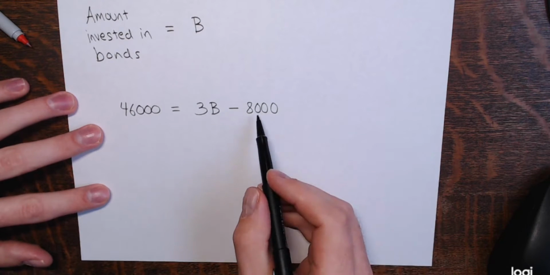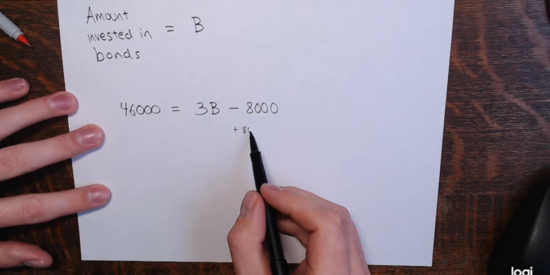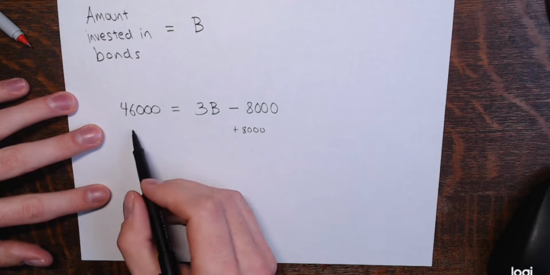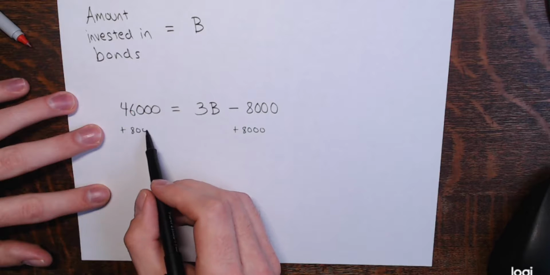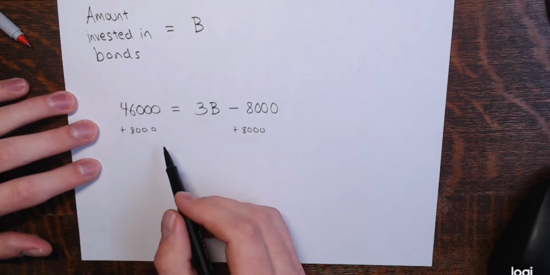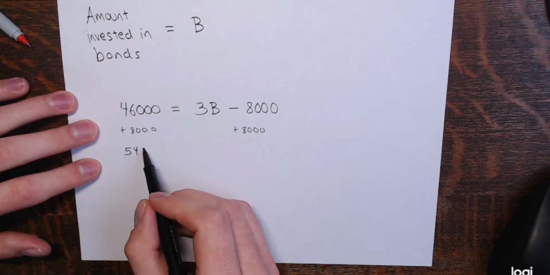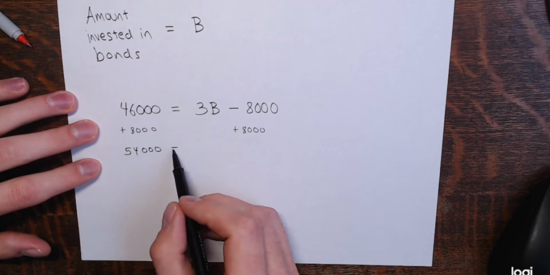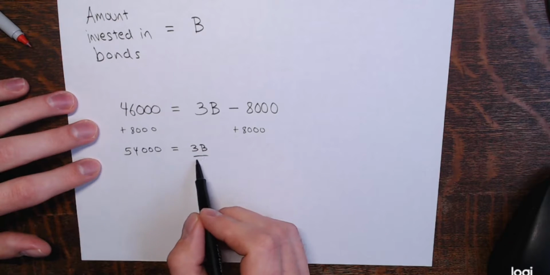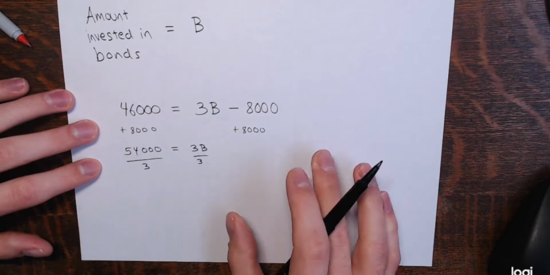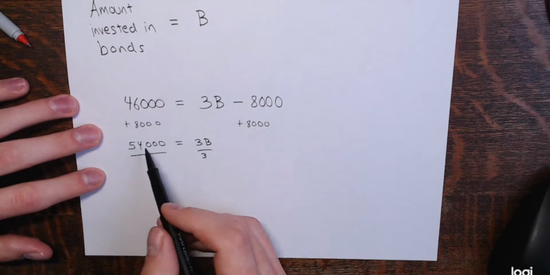So first I'd add 8,000 to both sides. So that's 54,000 over here equals 3B, and then divide both sides by 3. Now 3 goes into 54 18 times.